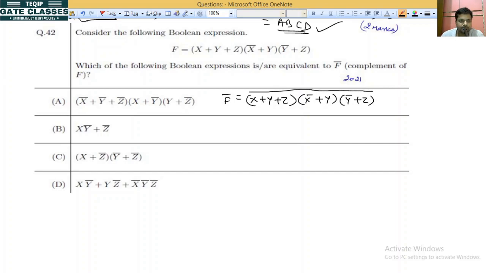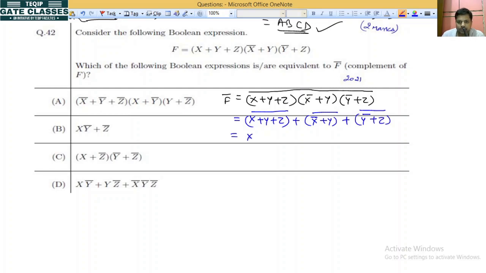So apply De Morgan's law. So (x plus y plus z) complement plus (x bar plus y) complement plus (y bar plus z) complement.